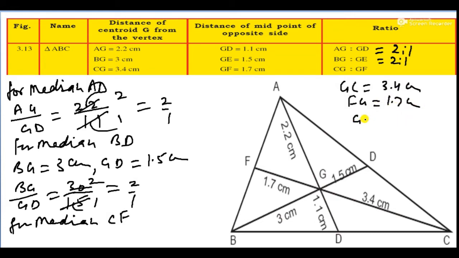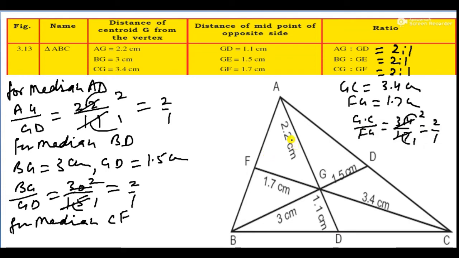Now find the ratio GC upon FG, that is 3.4 upon 1.7. Remove the decimal point: 17 ones are 17 and 17 twos are 34. So the ratio is 2 upon 1.